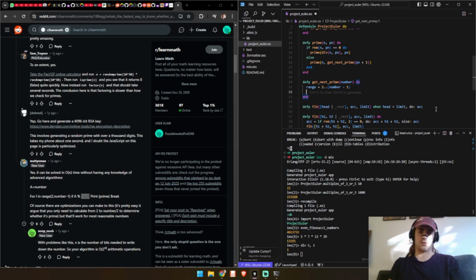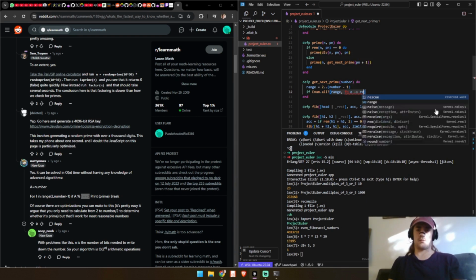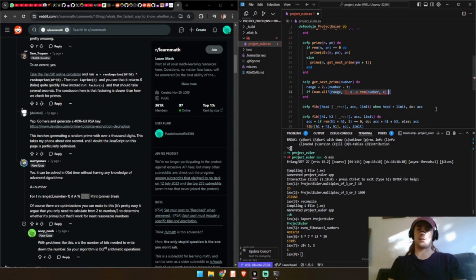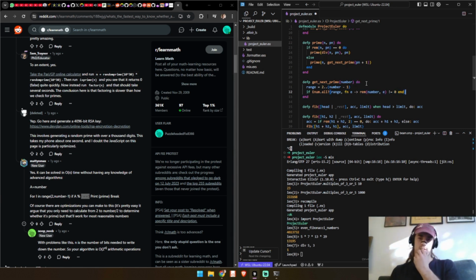So if for all the elements in the range, the remainder of n divided by the element doesn't equal 0, and so everything in the range has to match this condition, which is that it doesn't have a remainder division by all the numbers between 2 and the number.